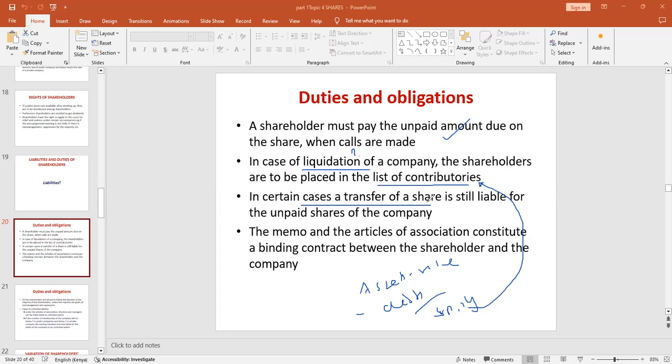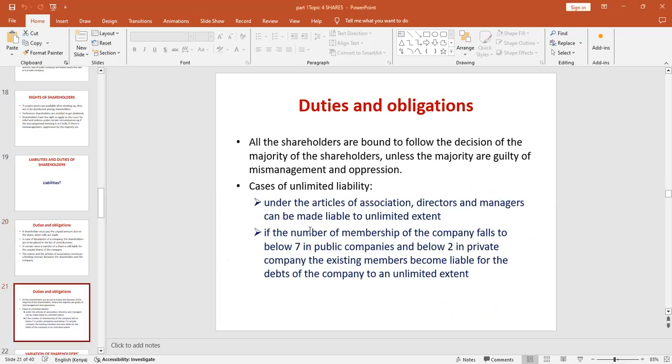And then you also have to remember that as a shareholder, the articles of association and the memo are going to bind you. You and the company, there is a contract to get into. Whatever the article says, whatever the memo says, is going to be binding to the shareholders and that company. Okay?